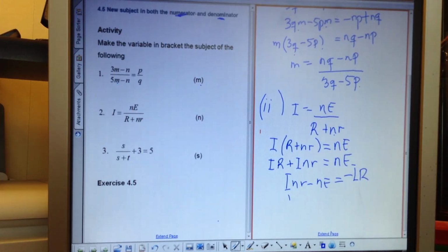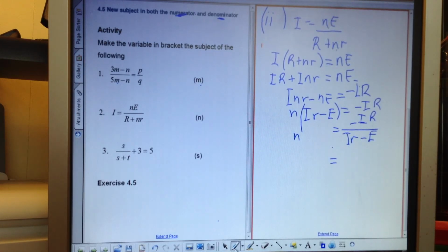That means we can have our n into (Ir minus e). We factorize our n, so we'll be left with e over here. That gives us minus Ir. Therefore n will be equal to minus Ir over (Ir minus e).